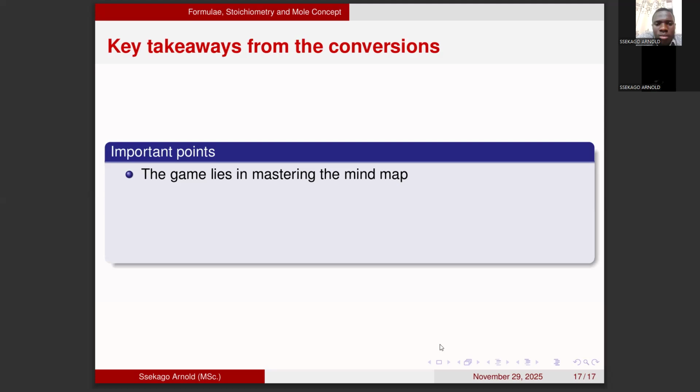Now, the mind map. You know, boys, you always make, how do they call them, cliques, where you discuss things related to football matches, things related to musicians, and all those things. You know your cliques very well.